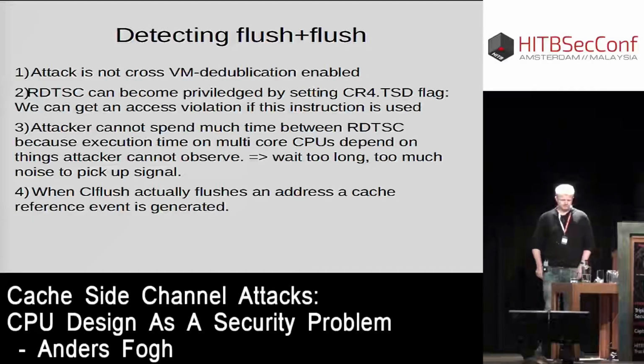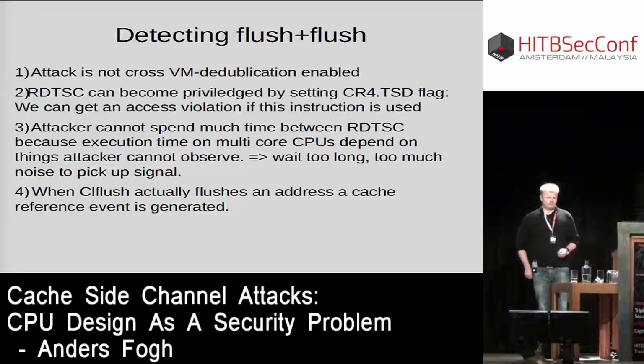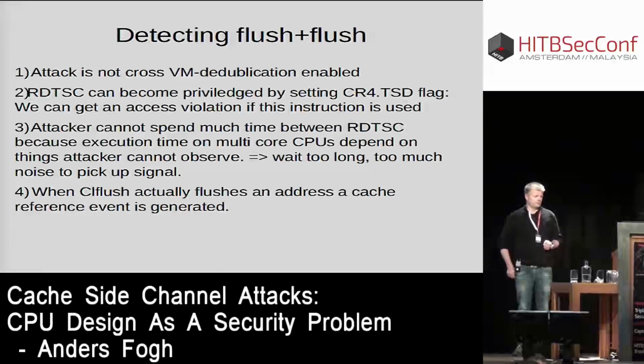There is significance to the difference to flush and reload here. With flush and reload, you have 120 cycles of difference in timing. With flush and flush, it's much faster. The difference is much smaller. It's just a handful of clock cycles. And there's a fair bit of noise, so the attacker is not capable of waiting too long before calling his next RDTSC instruction to end the timing of the attack.